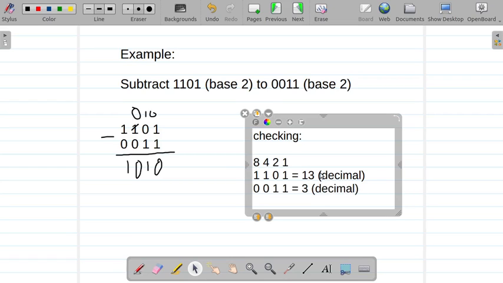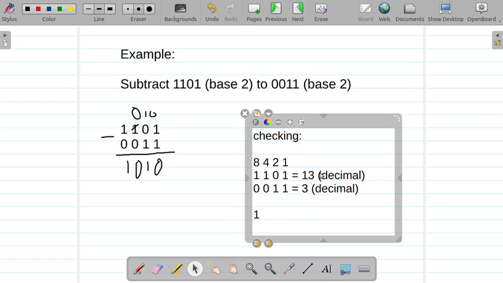So, kung isubtract na ta ang 13 minus 3, dapat makakuha tag 10. So, 1, 0, 1, 0 is equals to 10 in decimal. Kay, ang 1 kay 8, ang 1 kay 2, so 8 plus 2 is equals to 10.